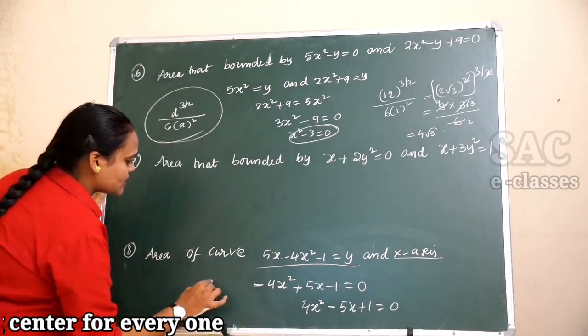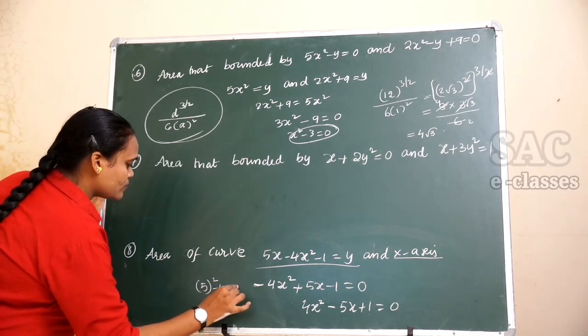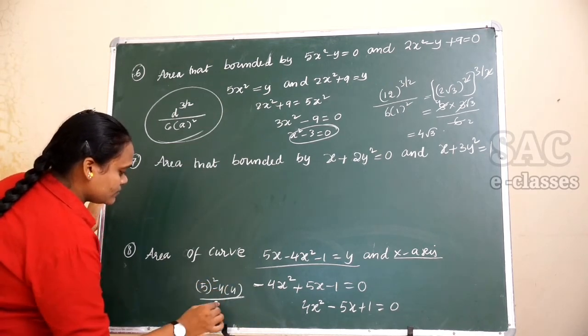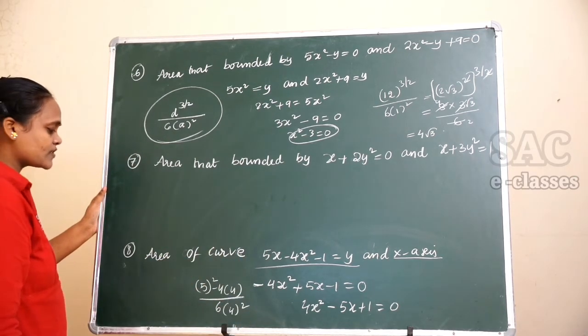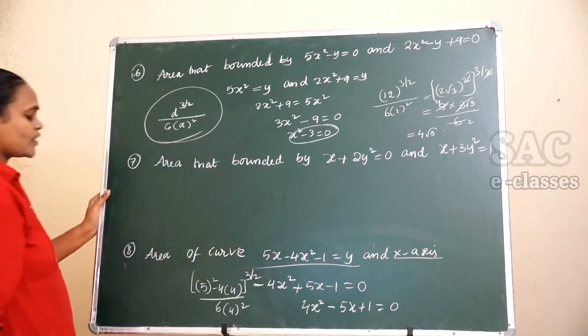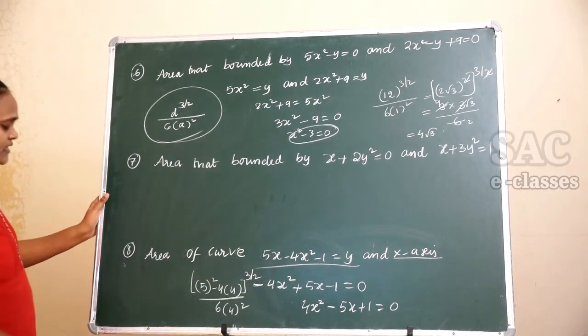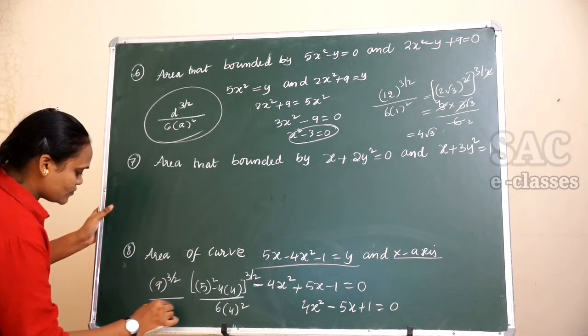Now find the discriminant, that is 5 squared minus 4 into 4, divided by 6 into 4 squared, whole to the power 3 by 2. You can write it as 25 minus 16 is 9. 9 to the power 3 by 2 by 6 into 16.